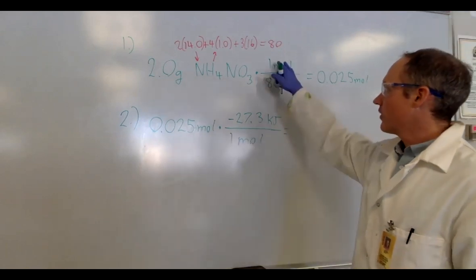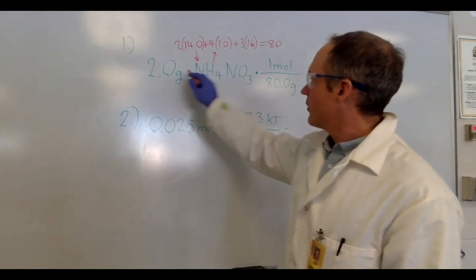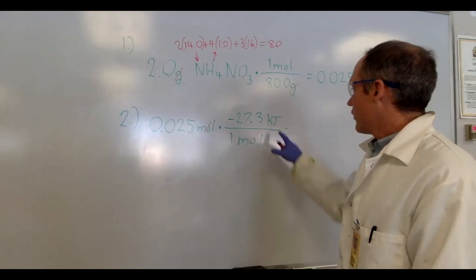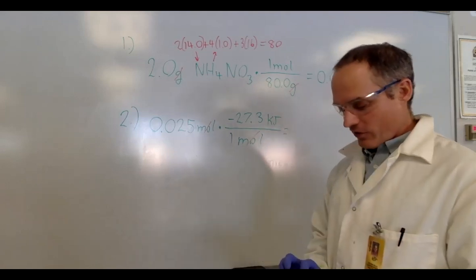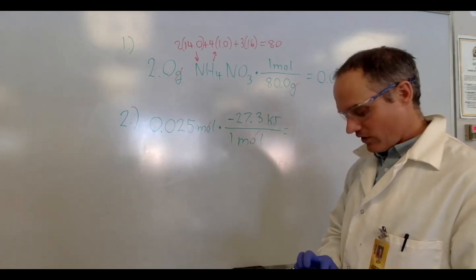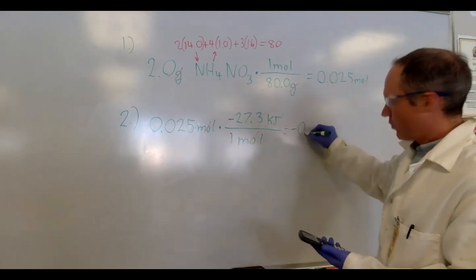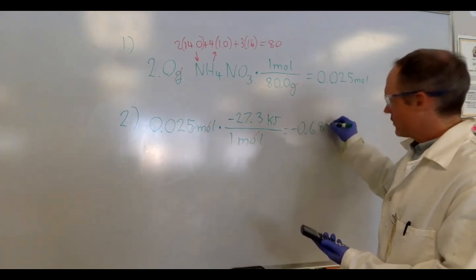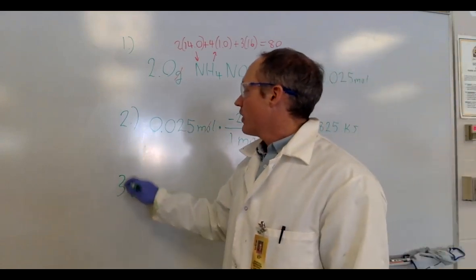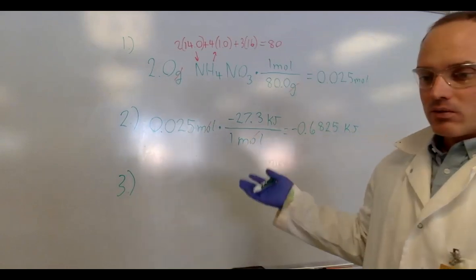We're using the same kind of setup that allows us to cancel units out. Moles and moles cancel out, so our answer comes out to kilojoules. If we take 0.025 and multiply that by negative 27.3, we get negative 0.6825 kilojoules.